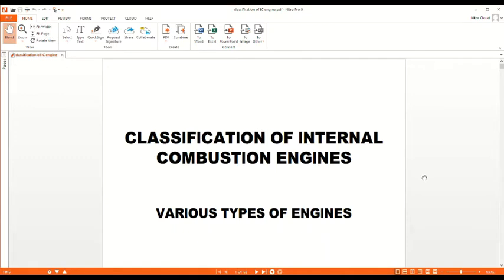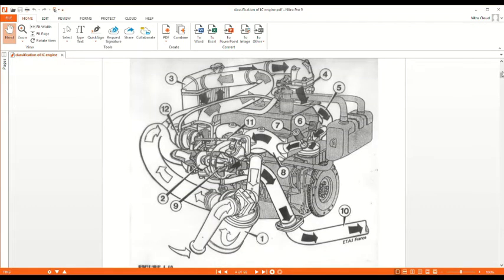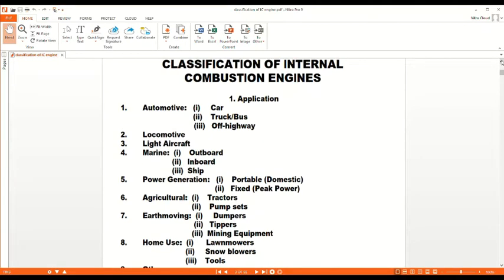Basically, engines are classified as internal combustion engine and external combustion engine. Here we are going to see the classification of internal combustion engine. In many ways we can classify internal combustion engine.